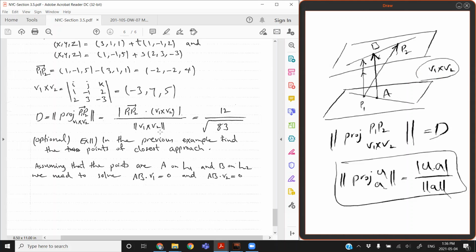So that means the vector AB would be orthogonal to V1, and the vector AB would also be orthogonal to V2. That means this is going to be 0, and this one is also going to be 0. So that will help you find the points of closest approach. But since this is optional and my lecture has got really long, I'm going to let you think about this if you like.